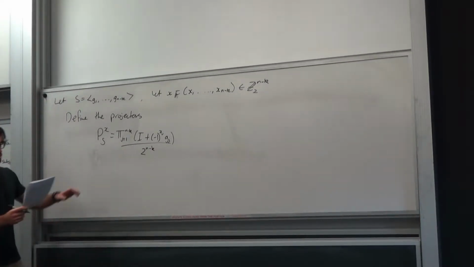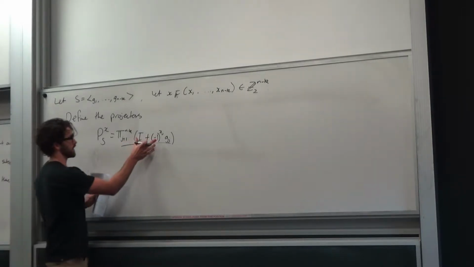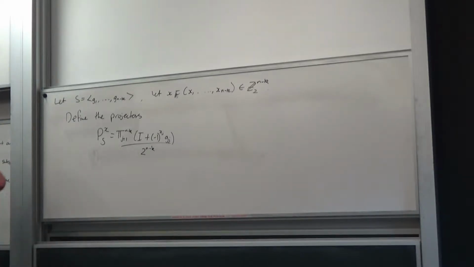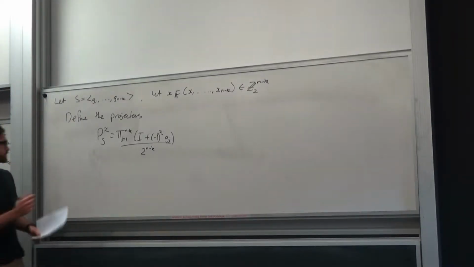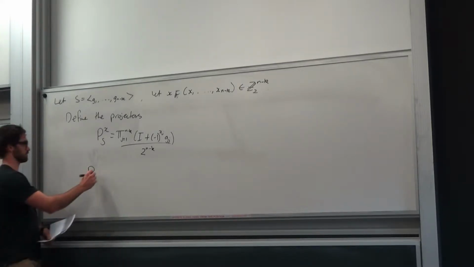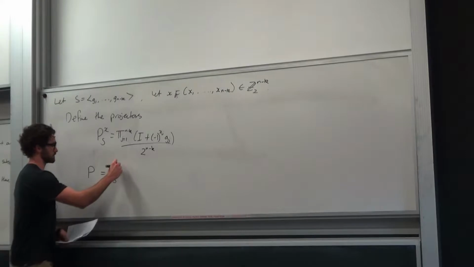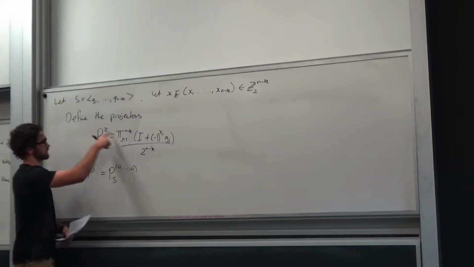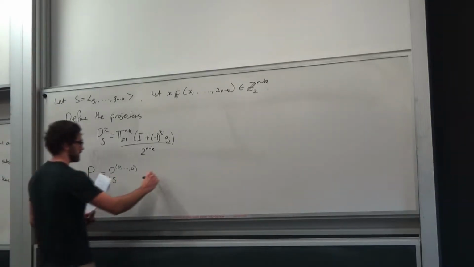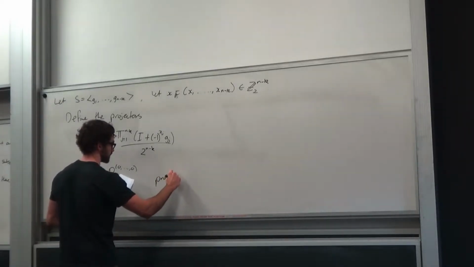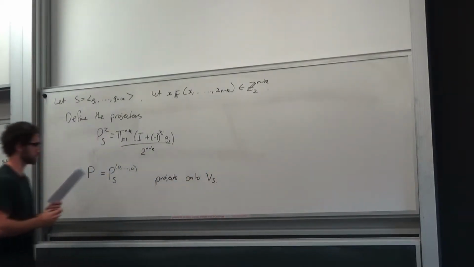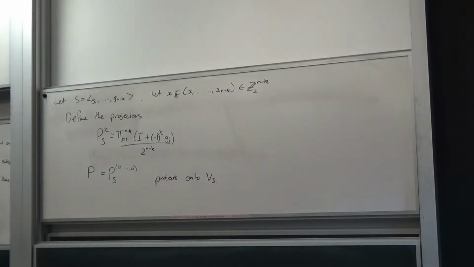So for each j, this projector here, (I plus (-1)^{x_j} g_j)/2, is a projector onto the plus 1 eigenspace of g_j. So we're going to write down the projector for the code. I'm just going to write it as P, or you can view it as P with zeros up in this vector, the vector x. That's the projector onto the subspace V_S. Okay, is that clear for everyone so far?